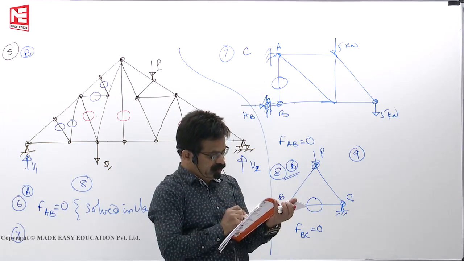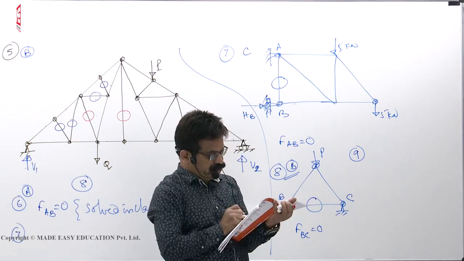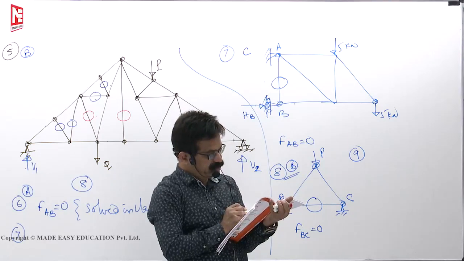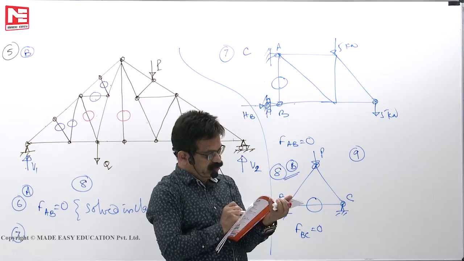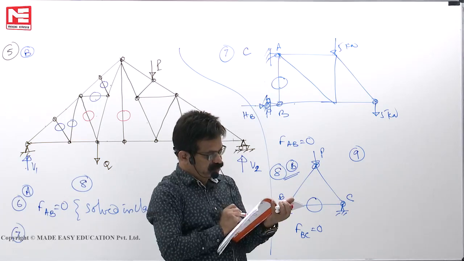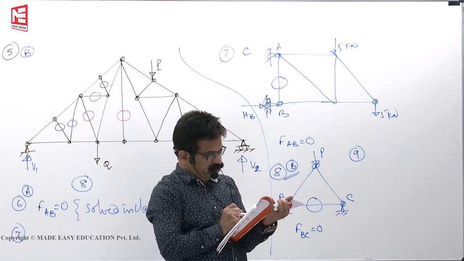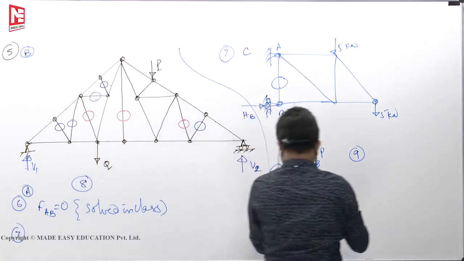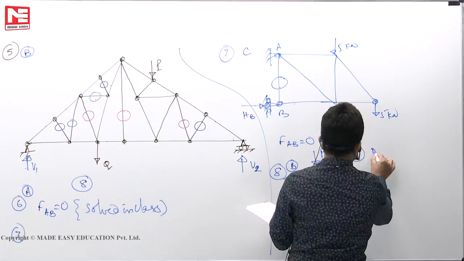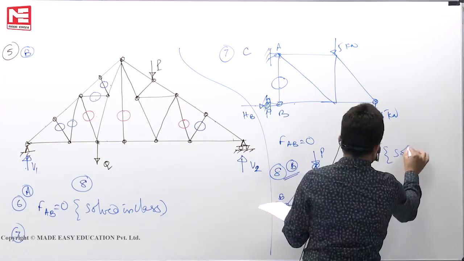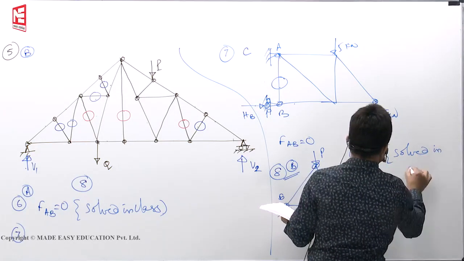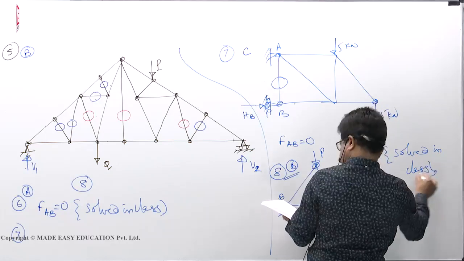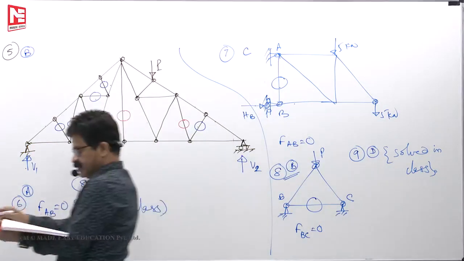What is the option? 2 members tension, wrong. 2 members tension, 2 members compression, wrong. 2 zero force members, wrong. 3 zero force members is D. So ninth question, D. Solved in the class. Next, 10th one.